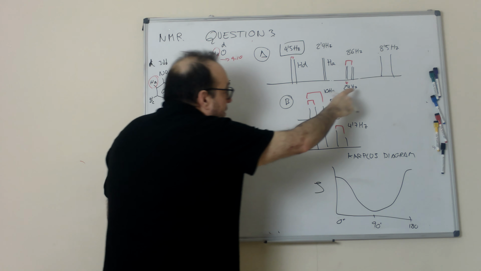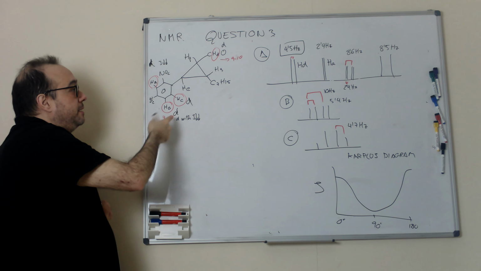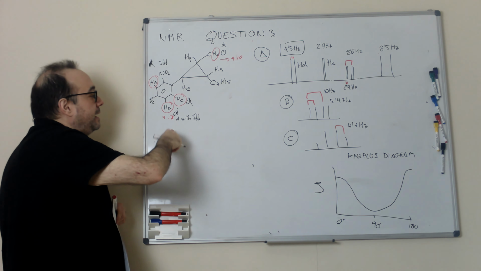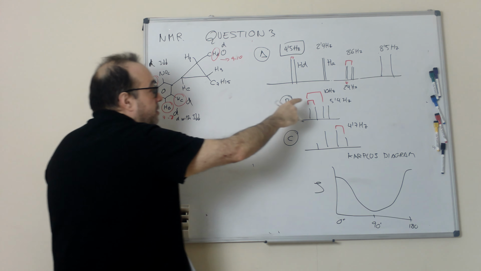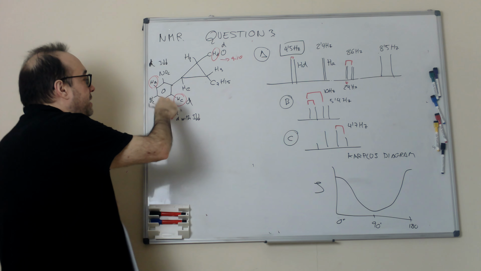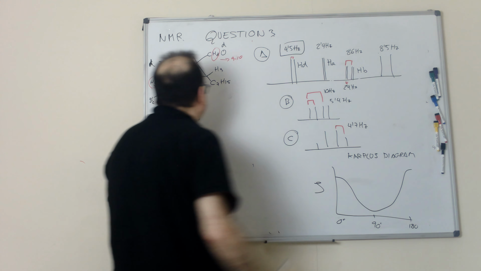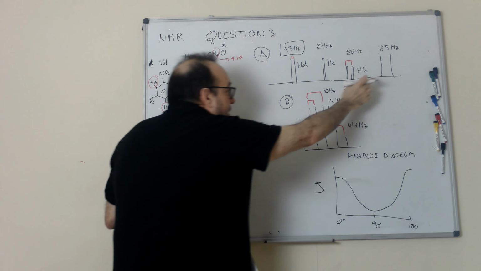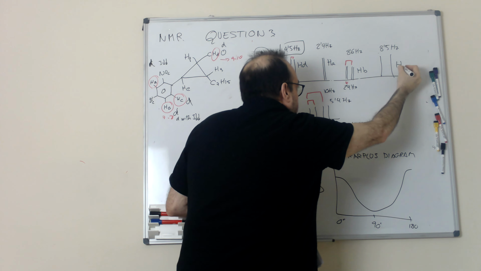Then we have a doublet of doublets that probably corresponds to HB, with a normal coupling constant of 8.6 Hz and a very narrow coupling constant of 2.4 Hz, which corresponds to the same coupling constant as in HA. That has to be the coupling constant HA-HB. That means that this will be HB. And finally, we have a doublet that must be HC. Okay?